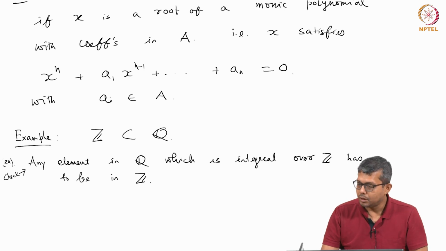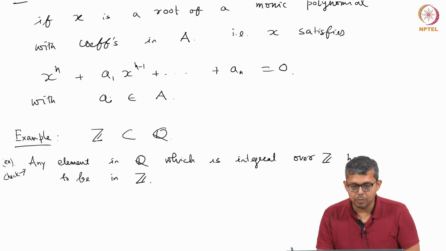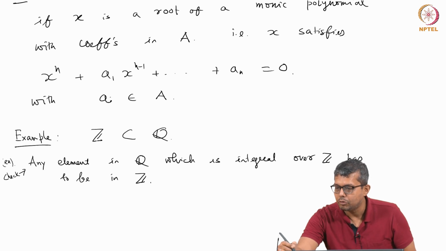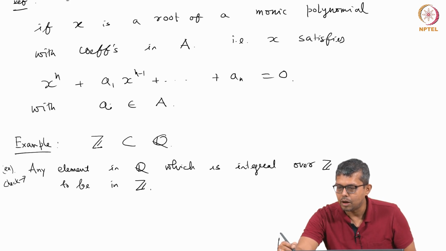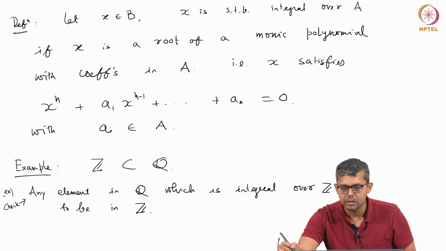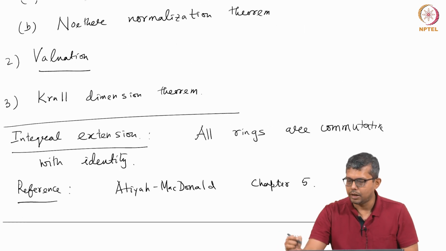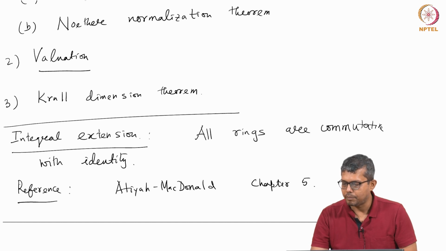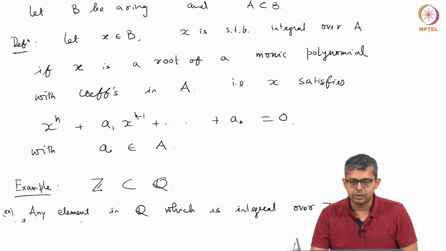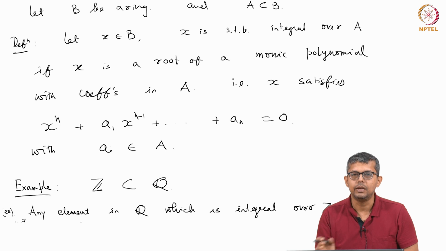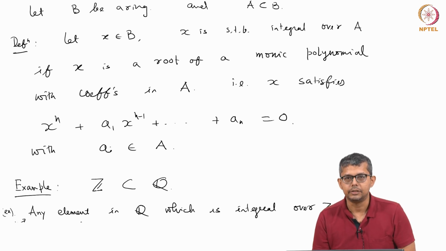Okay. So once you have a definition, you can ask: suppose B is a ring containing A. If you take the set of all integral elements of B over A, what kind of algebraic structure does it have?